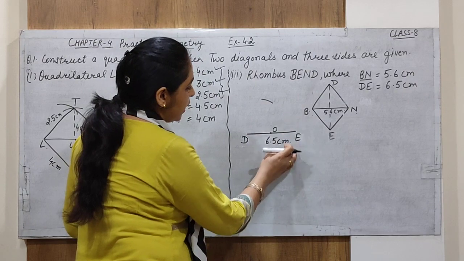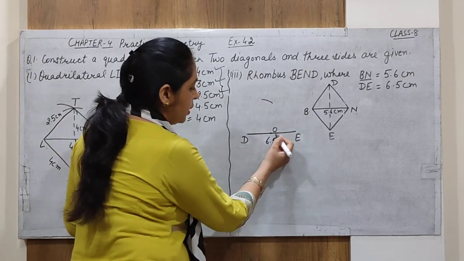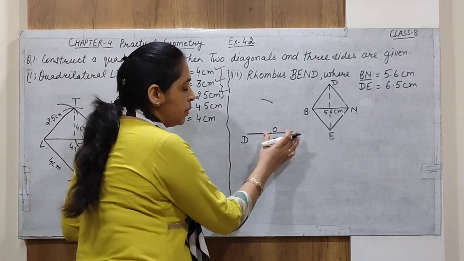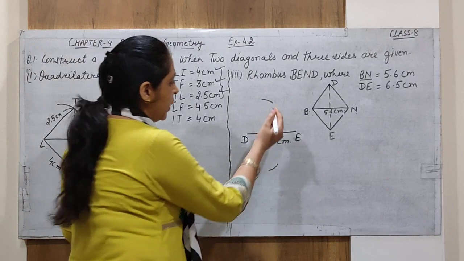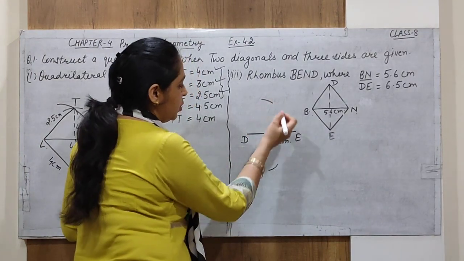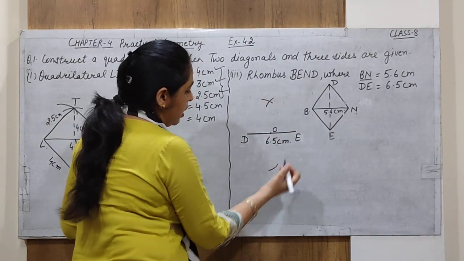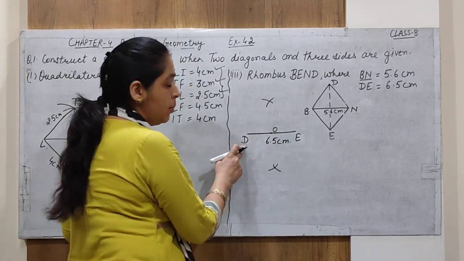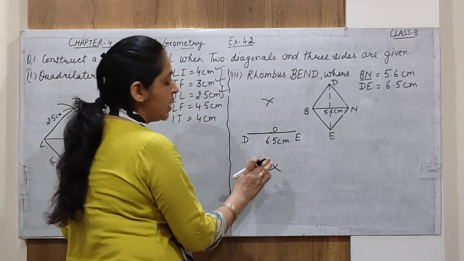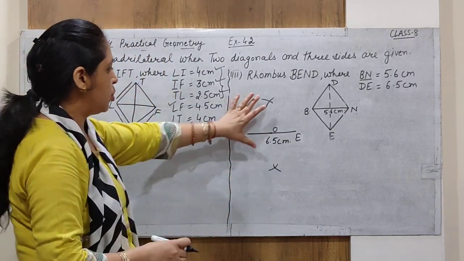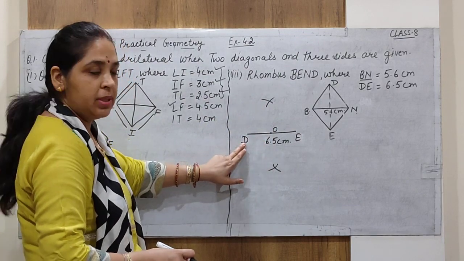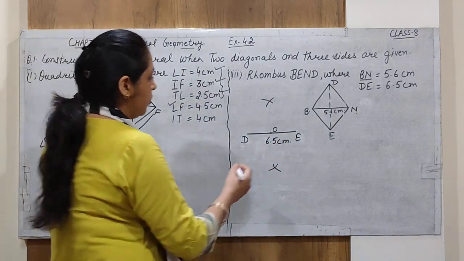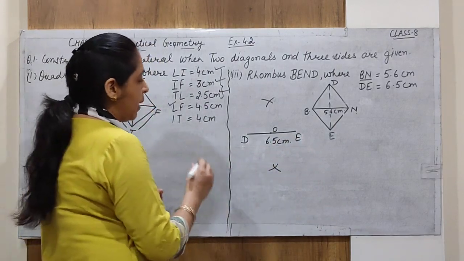Similarly, considering E as center, do not change the opening of the compass, and using the same measurement draw two arcs, one upward and one downward. By this method, we get a perpendicular bisector.